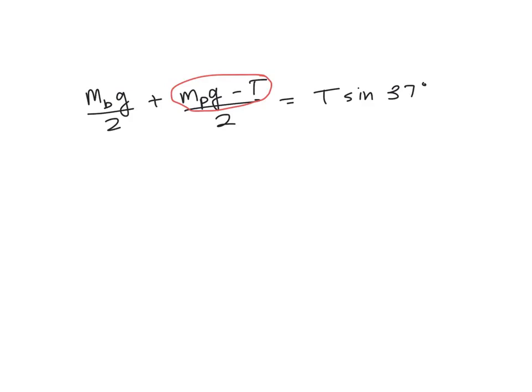I substituted that in from the other equation, and I eliminated the L's because I can divide both sides of the equation by L. So now I have to rearrange this for T, and so I'm just going to multiply both sides by 2 to start with, and have 2T times sine of 37, which is 0.6. Yeah, let's just leave it as sine of 37. How about that? Okay.